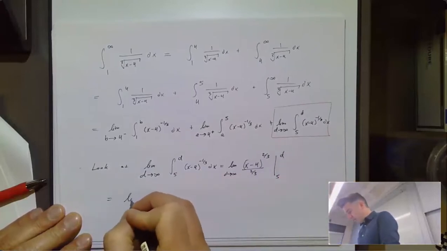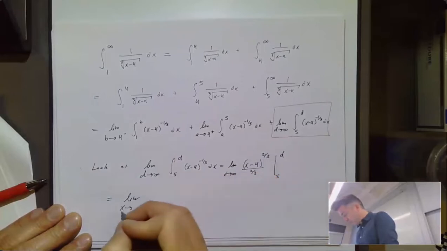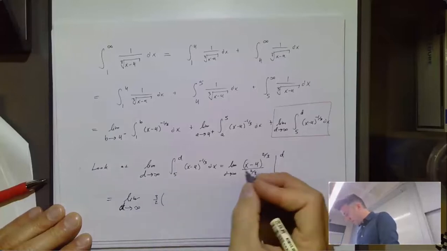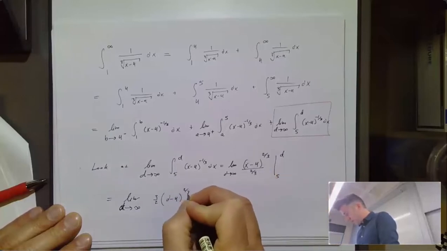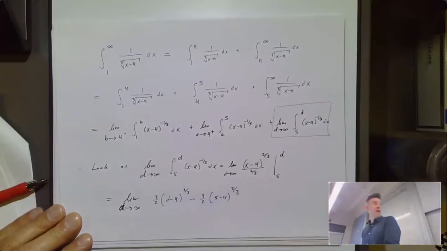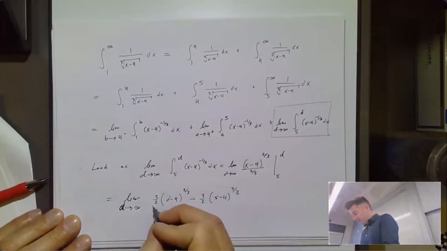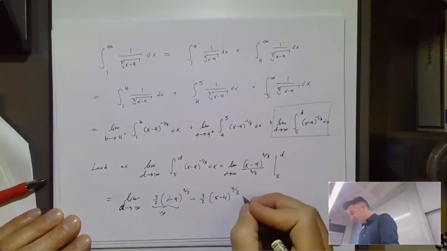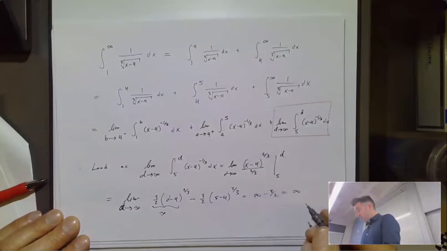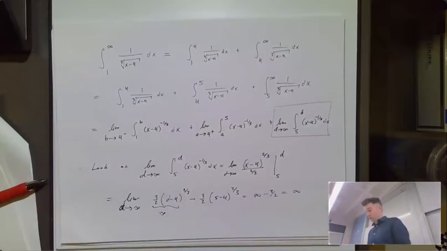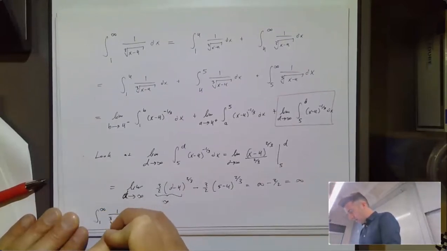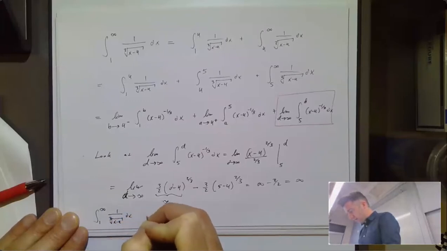Plugging in, we get the limit as d goes to infinity of 3/2 times d minus 4 to the 2/3 minus 3/2 times 5 minus 4 to the 2/3. And then as d goes to infinity, this part's going to go to infinity. So I'm going to get infinity minus 3/2 times 1, which is infinity, which means this part diverges, which means the whole thing diverges. So the entire integral from 1 to infinity of 1 over the cube root of x minus 4 diverges.